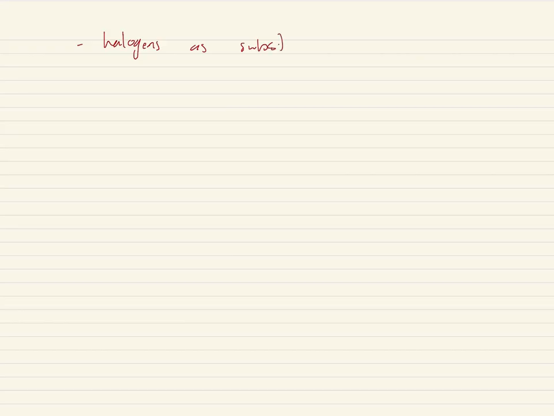as substituents, and these have the same naming convention as the halogens as ligands for inorganic compounds, right? So the -ide or -ine endings for these go to -o.